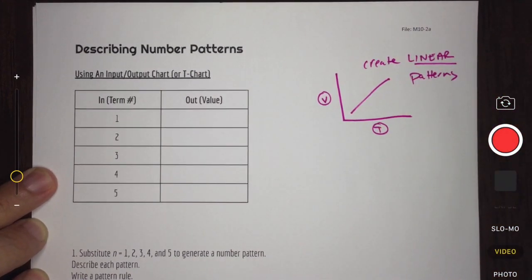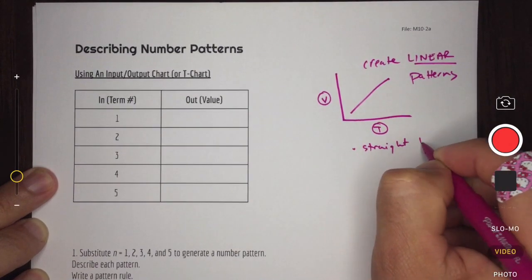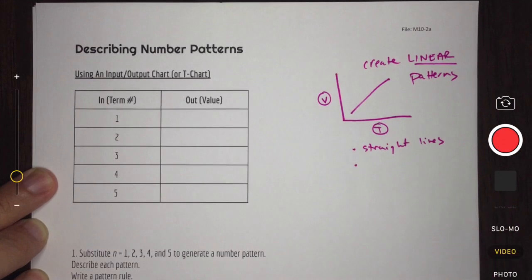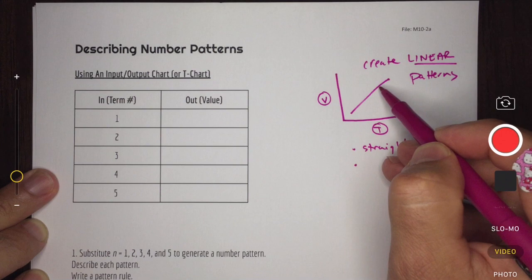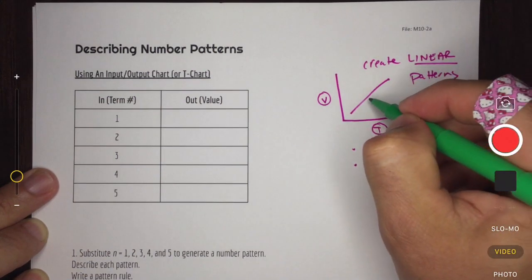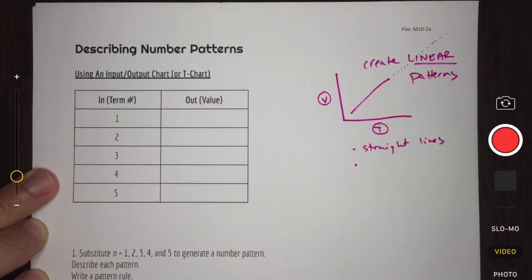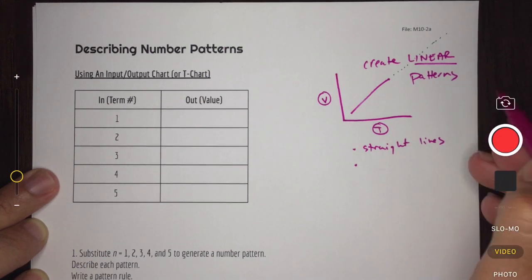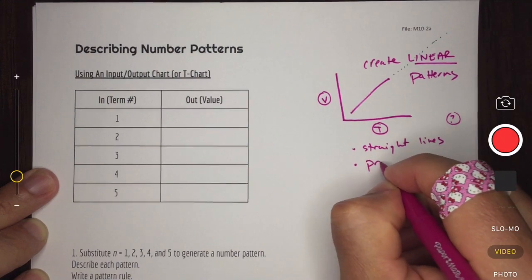Again, straight lines are going to be created, and the great thing about this is that if we were to graph something up to a certain point, we could take a ruler and keep following that nice straight line out to wherever we want, and we would be able to predict what a term way out here would be without having to do all of our charting. So we can also say that these are predictable.